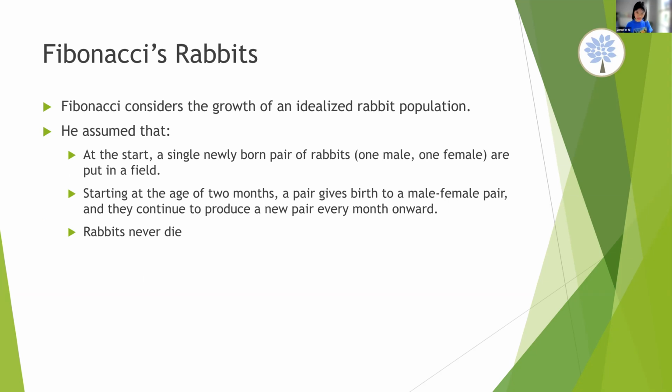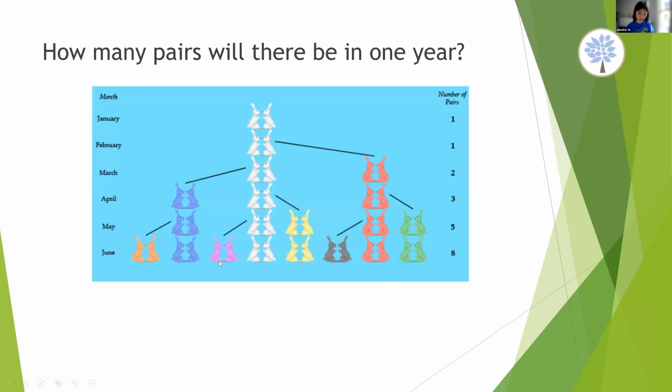And rabbits never die, so each pair would continue to produce another pair each month forever once it reaches 2 months of age. A question that can be raised is, how many pairs will there be in 1 year?